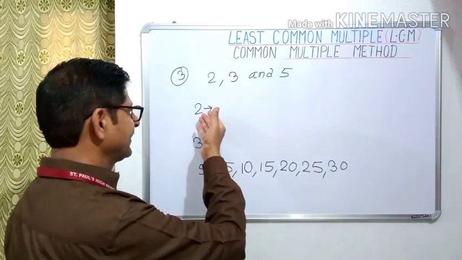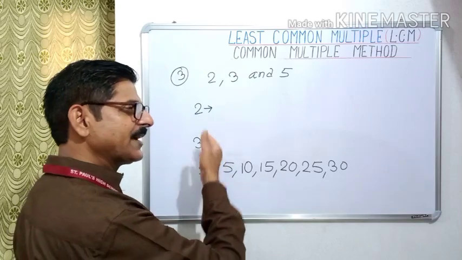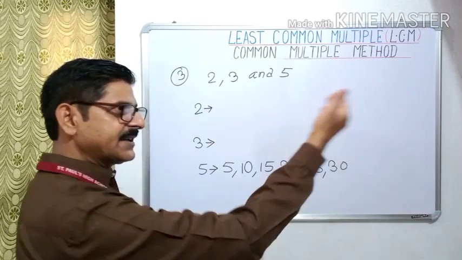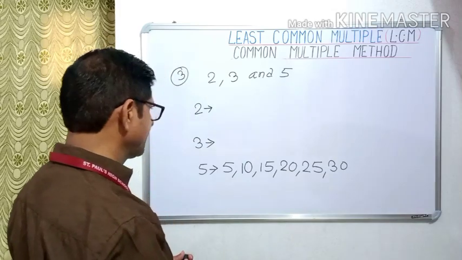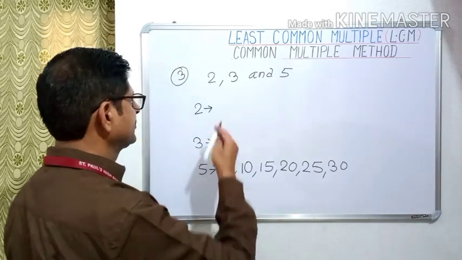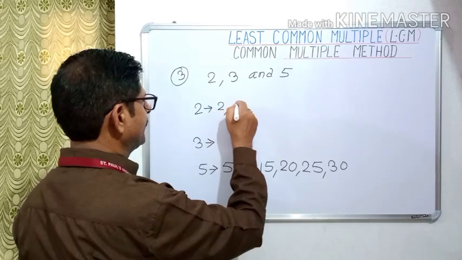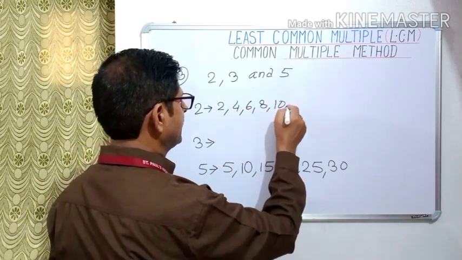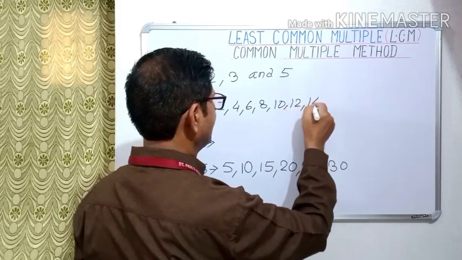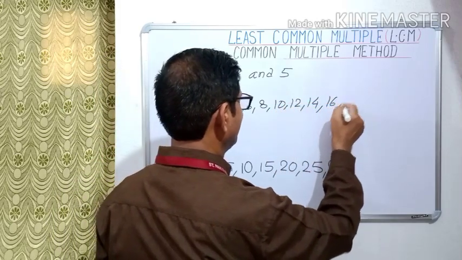Let us write the multiples of 2 and 3 also and check whether this 30 is a common multiple of the numbers 2, 3 and 5 or not. 2, 4, 6, 8, 10, 12, 14, 16, 18.